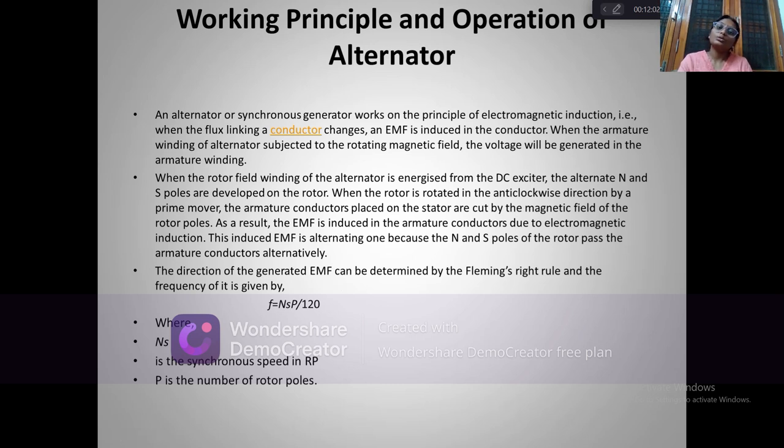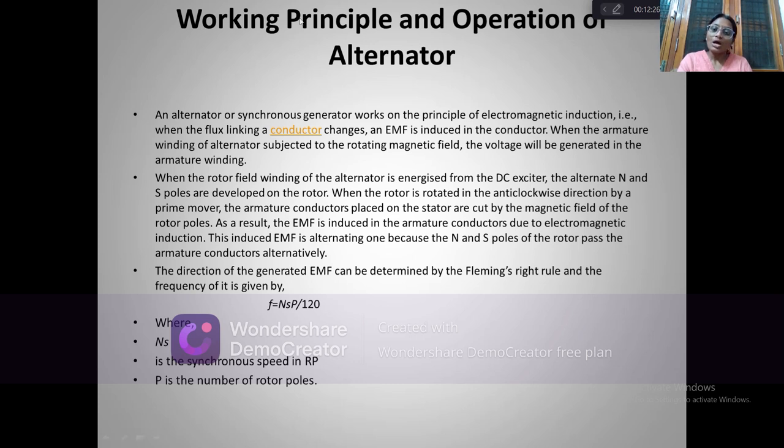Okay, now we came to the most interesting part: the working principle and the operation of an alternator. You know what an alternator means? It is also known as a synchronous generator, right? So this alternator or AC generator or synchronous generator works on the principle of electromagnetic induction.